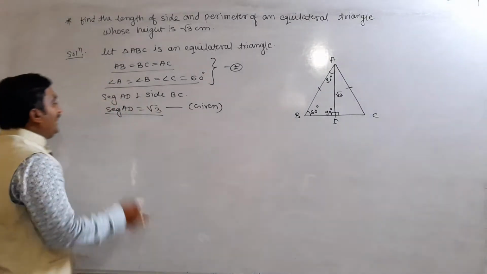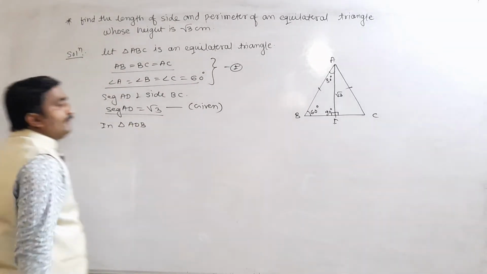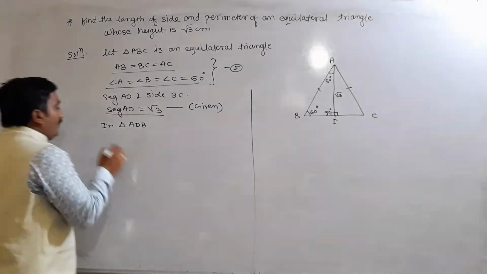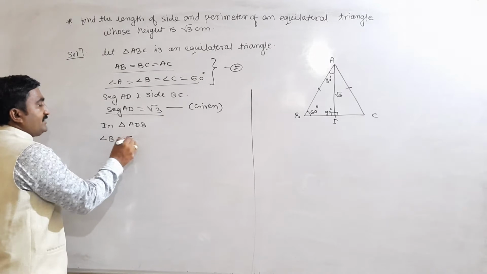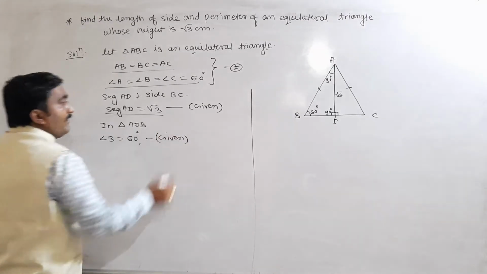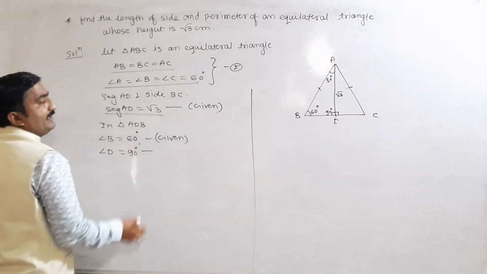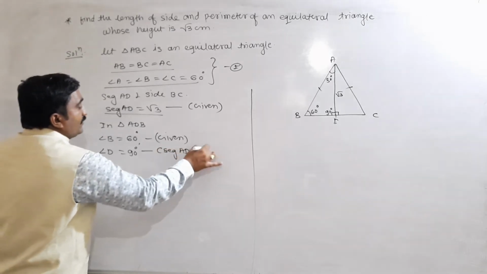So, in triangle ADB, angle B is equal to 60 degrees. This is given. And angle D is equal to 90 degrees, because segment AD is perpendicular to segment BC.